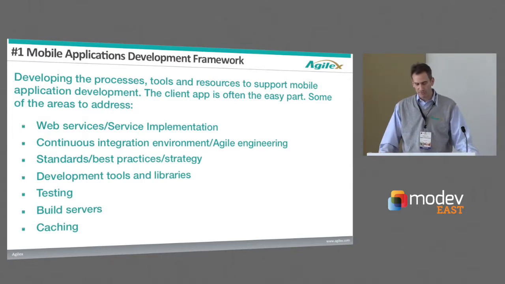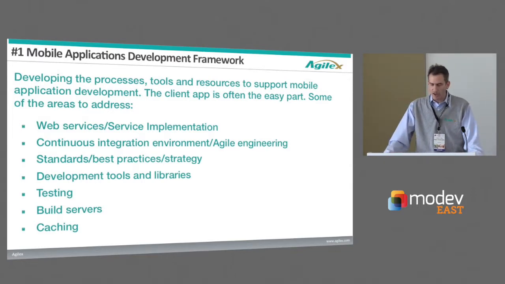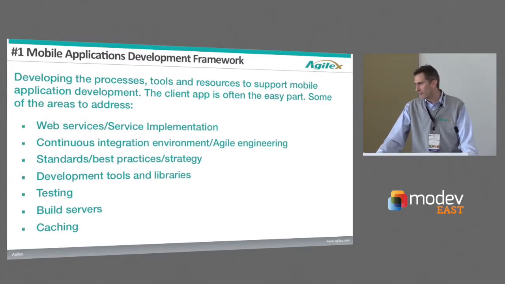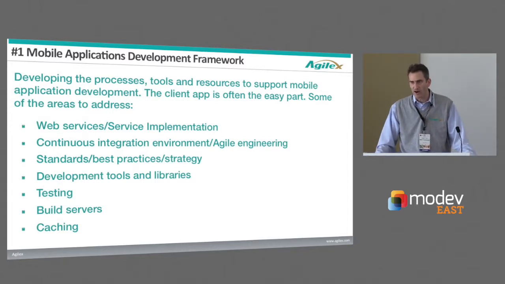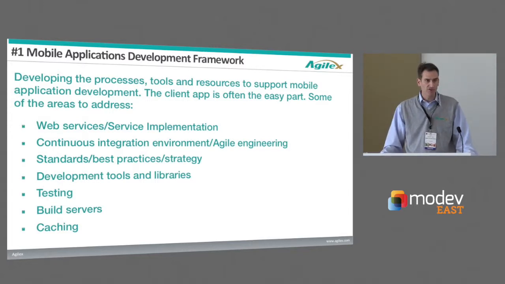Some of the larger areas that we look at to address are web services, which is obviously a big one, and how that integrates with an existing service-oriented architecture. Continuous integration and agile engineering: how can we use agile and agile integration, test-driven development for mobile application development?